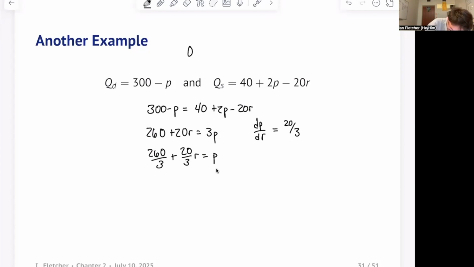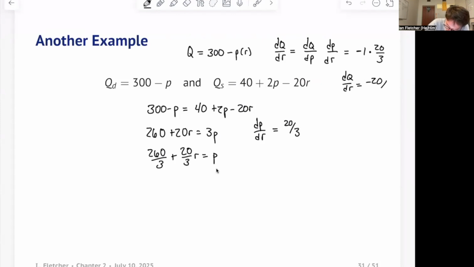And then we have Q, which should equal 300 minus P of R. And so dQ/dR should equal dQ/dP times dP/dR, which should equal -1 times 20/3, or dQ/dR should equal -20/3.